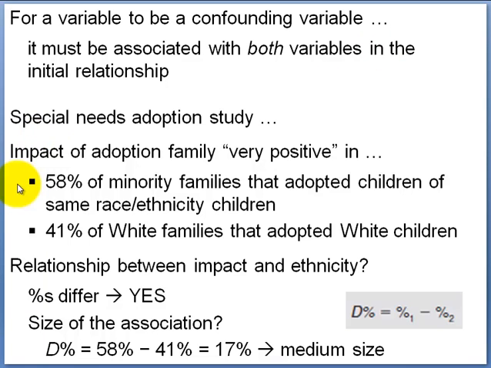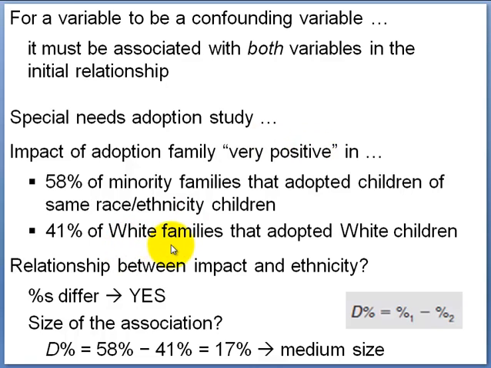An outcome variable in the special needs adoption study was the impact of the adoption as perceived by the adoptive parent responding to the survey of the impact of the adoption on the family. 58% of responding parents in minority families, that is, where at least one parent was of minority ethnicity and where the adopted child was of the same ethnicity as a minority adopting parent, responded very positive.